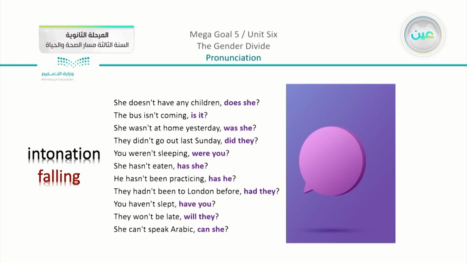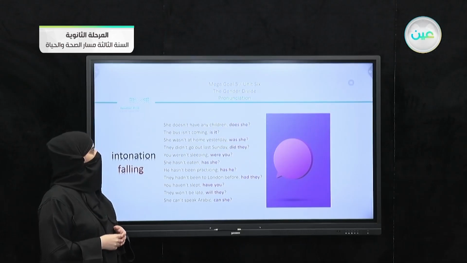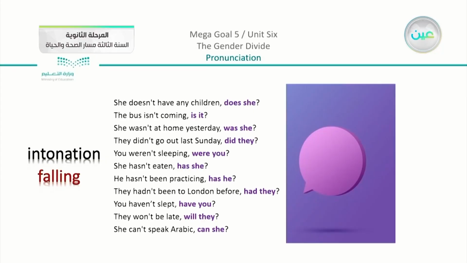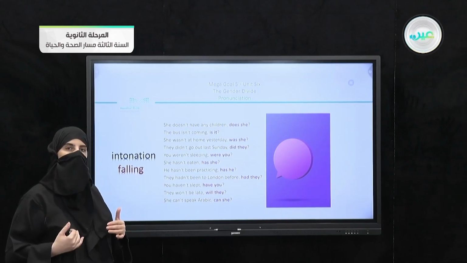She doesn't have any children, does she? The bus isn't coming, is it? Sorry. Here we have, she wasn't at home yesterday, was she? So just focus on the tone.